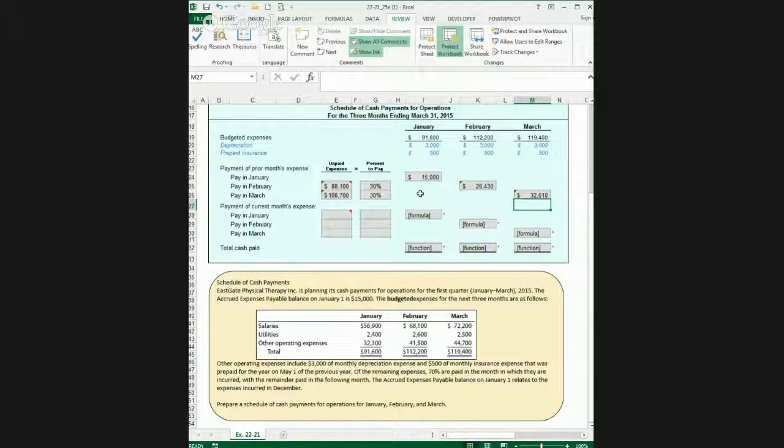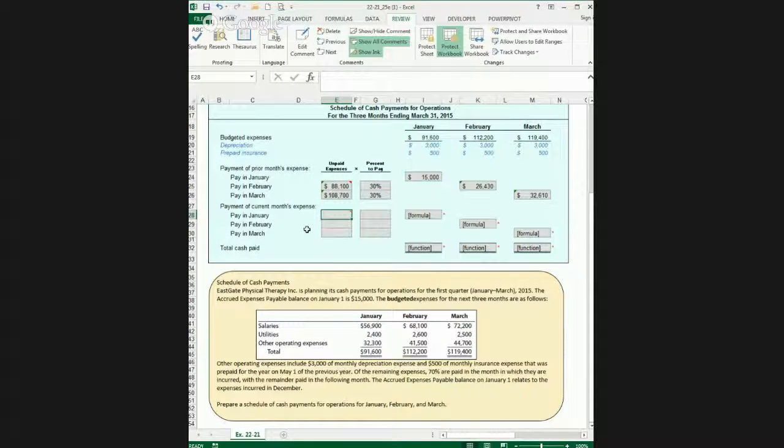Now, we're almost done, but not quite. We have to account for the current month's expense. That is, each of these months would have cash expenses, 70% of which would be paid in the month incurred. So let's just calculate those items.